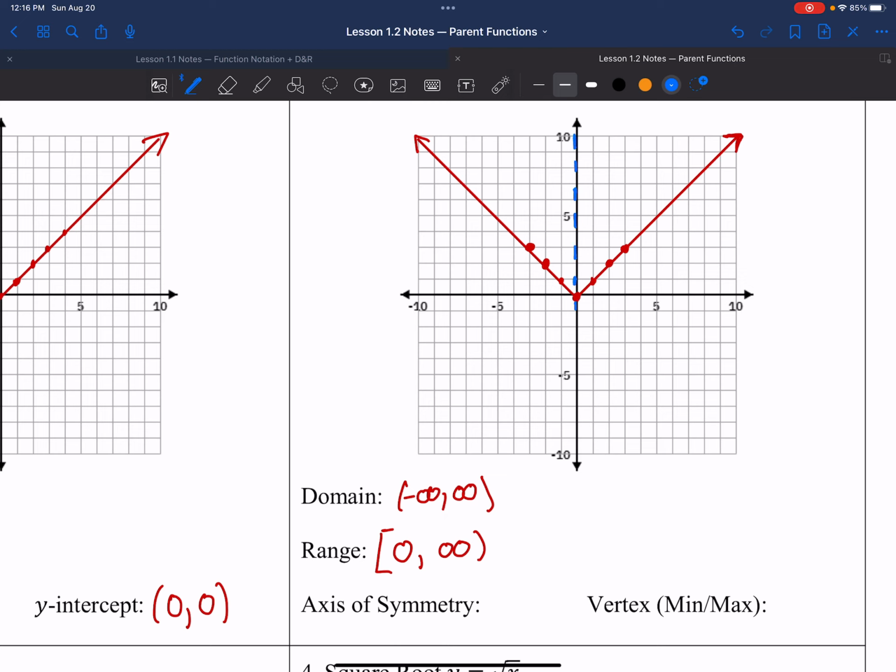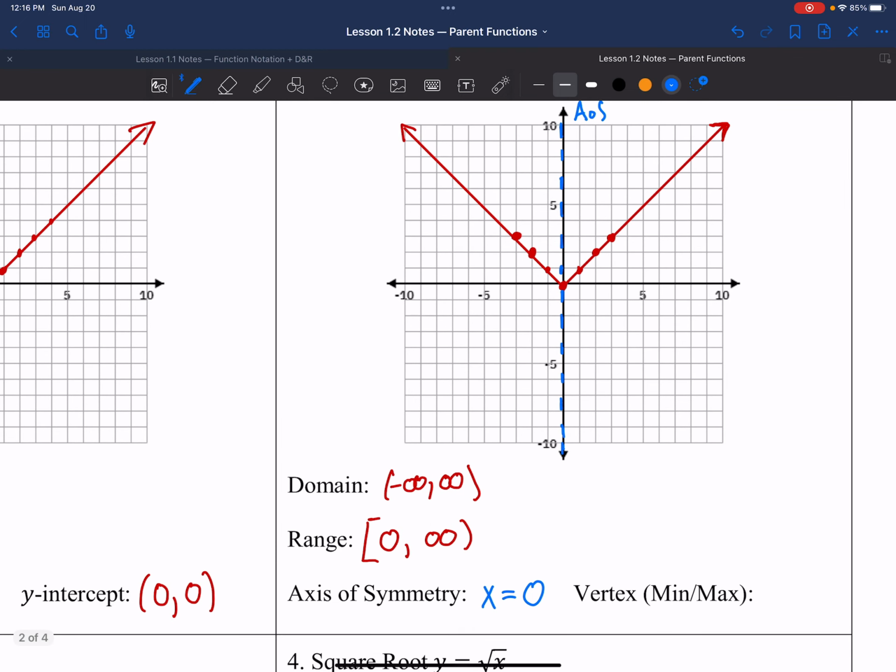If I draw this little blue dashed line, you'll see that this cuts the graph in half. And if you were to mirror the right leg over this blue line, that would be the same image. So the axis of symmetry is the y-axis, which is the line x equals 0.